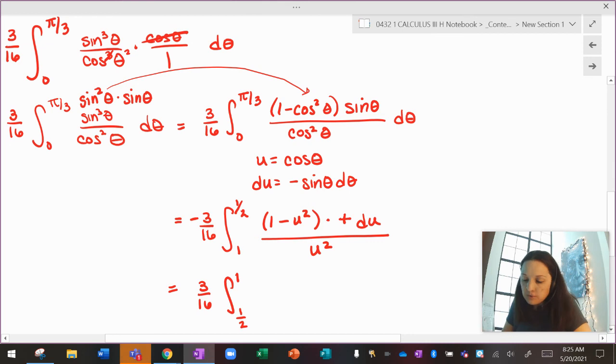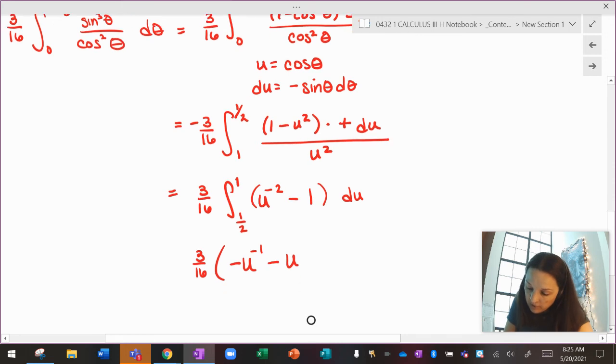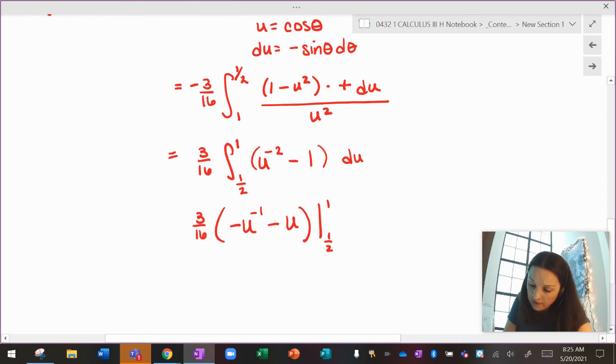And then I have 1 minus u squared over u squared, which is really u to the negative 2 minus 1, which would make my antiderivative, let's see, add 1 to the power, divide by the new power. Antiderivative of 1 is u. And I'm evaluating that from 1/2 to 1.